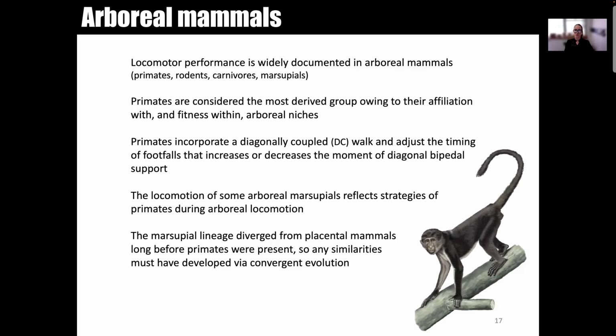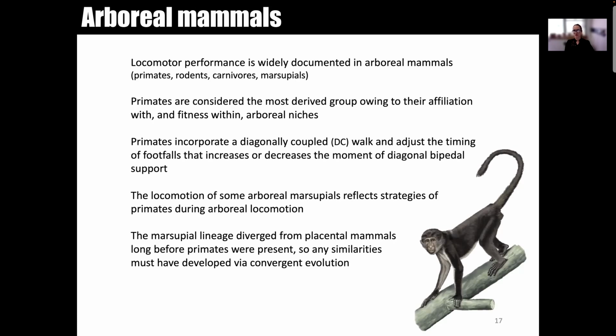That is when they have one forelimb forward and the opposite hind limb forward on the other side of the body. And primates will adjust the timing of footfalls that increase or decrease the moment of diagonal bipedal support. So the locomotion of some arboreal marsupials also reflects strategies of primates like this during arboreal locomotion.